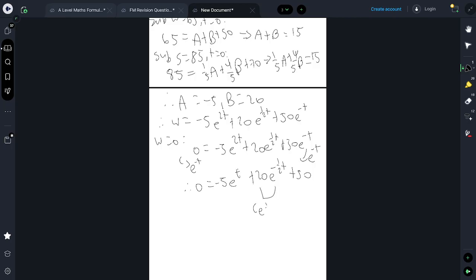If we say this is e to the half t to the minus one, then that would be e to the t, the square of that. So we have like an x squared and an x term, like a u squared and a u term, but it's by minus one.